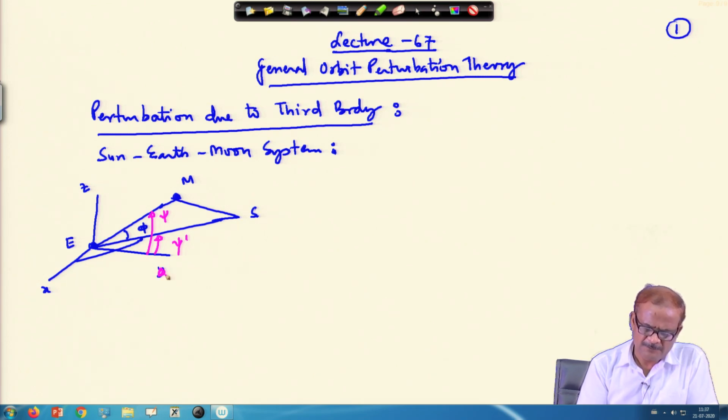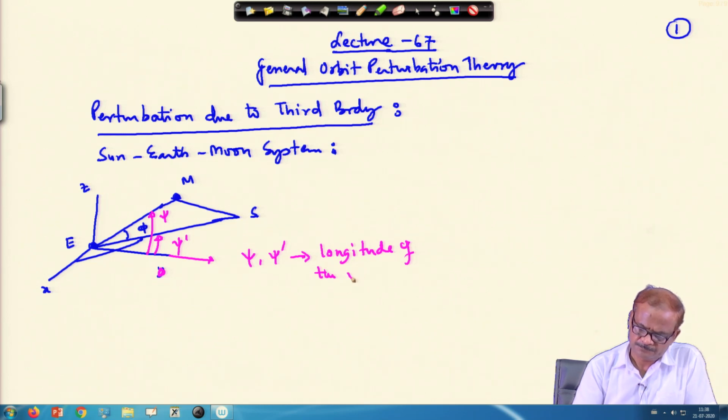What I have shown here, psi and psi prime, is the longitude of the moon and sun.